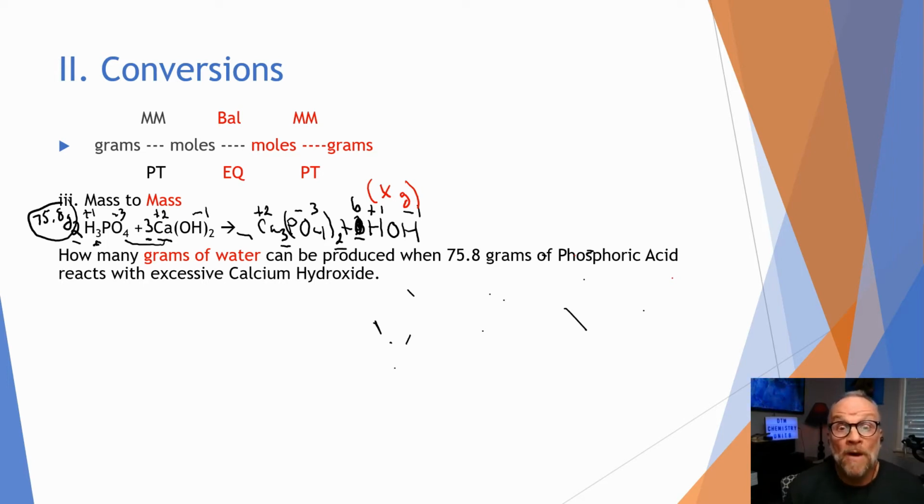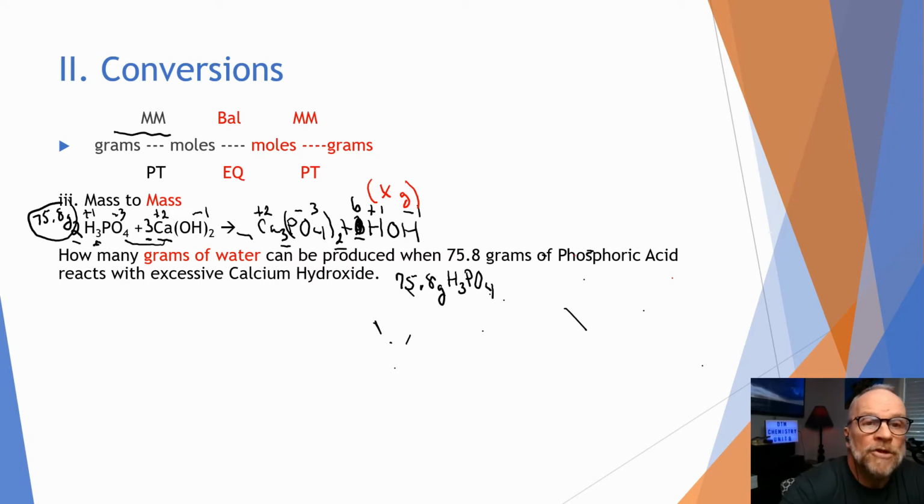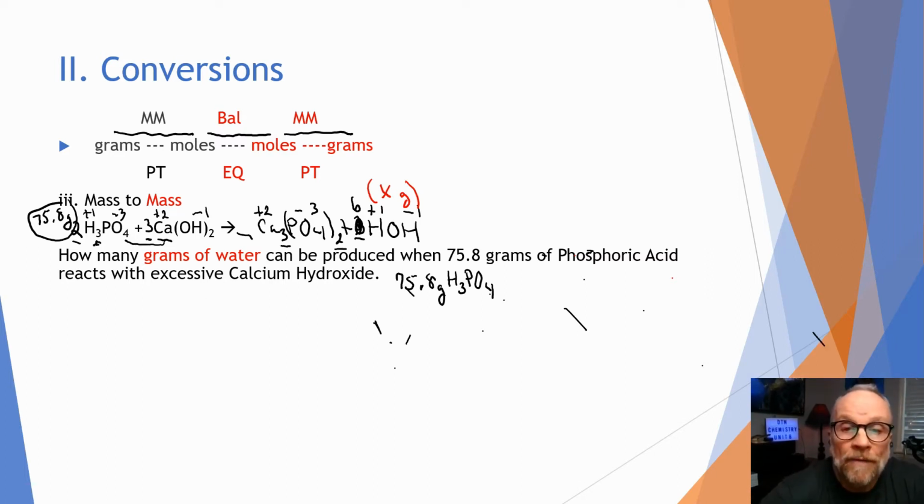As always, we'll write down our given, which is 75 grams of phosphoric acid, H3PO4. So we're going from grams to moles, moles to moles, and moles back to grams. So 3 different steps here. So we'll have 3 conversions, grams to moles.